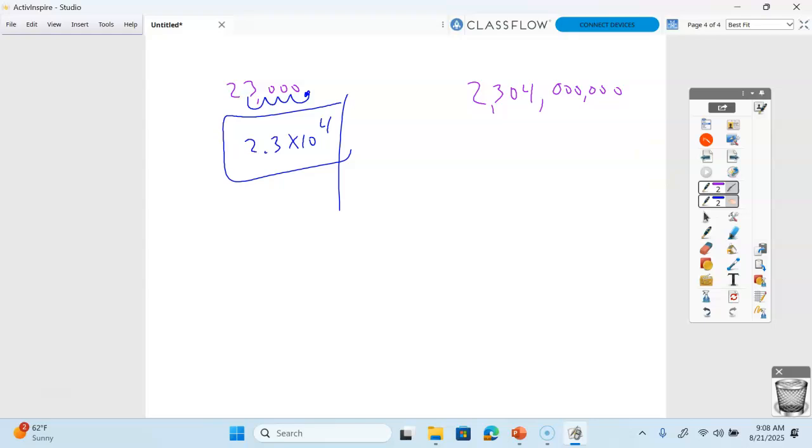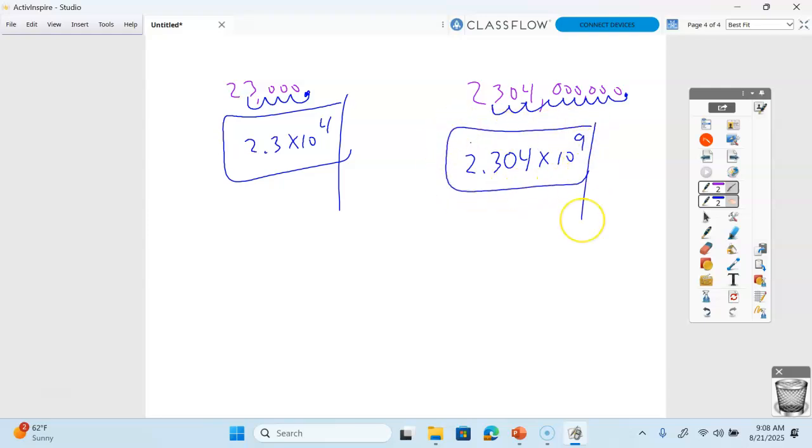Or where do I put the decimal point first? At the end? Good. Got it?